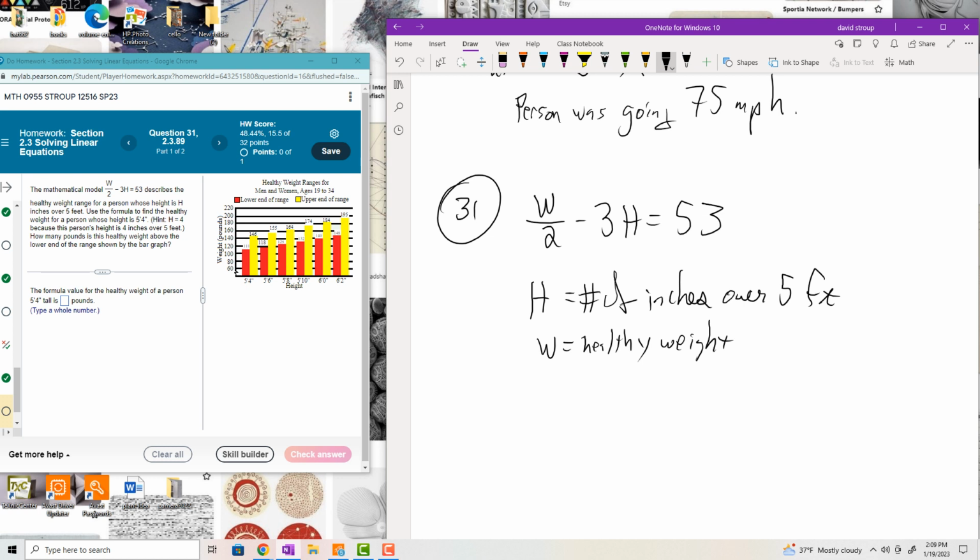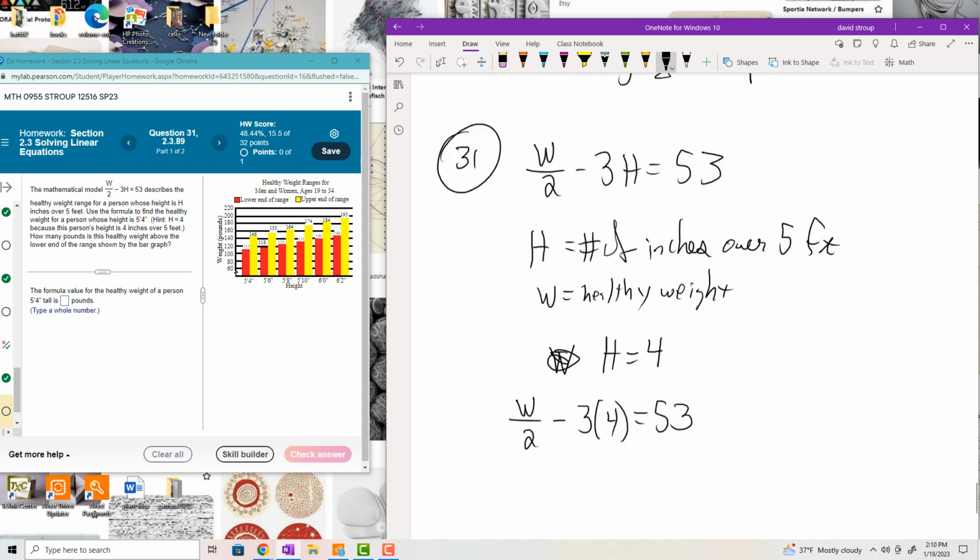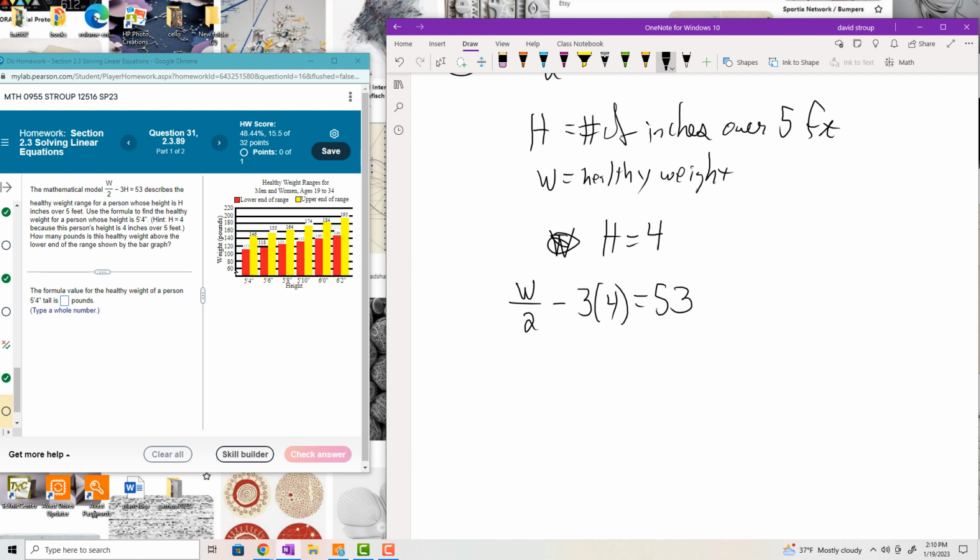Okay, so if the person is 5'4", that means the h value that we want is going to be 4, because it's the number of inches over 5 feet. Right? Okay, so I'm going to put 4 into my equation for h. So I have W over 2 minus 12 equals 53.